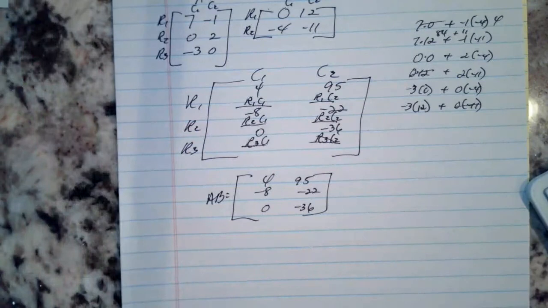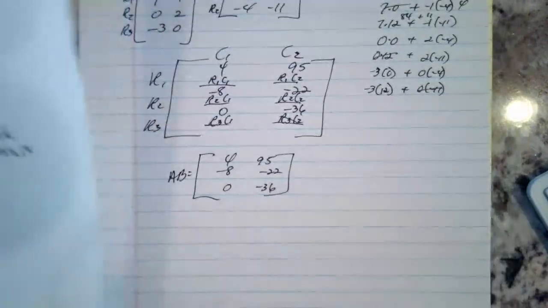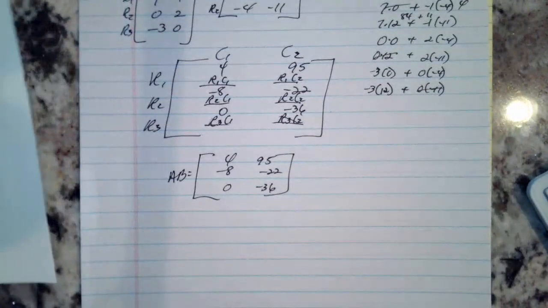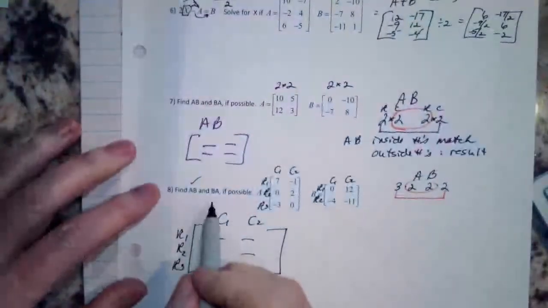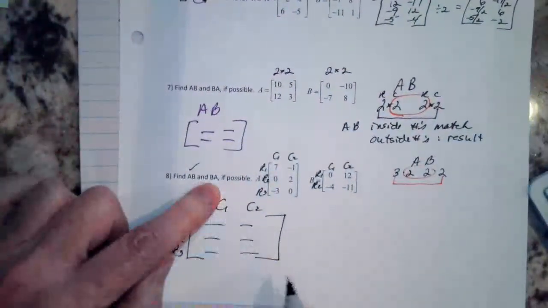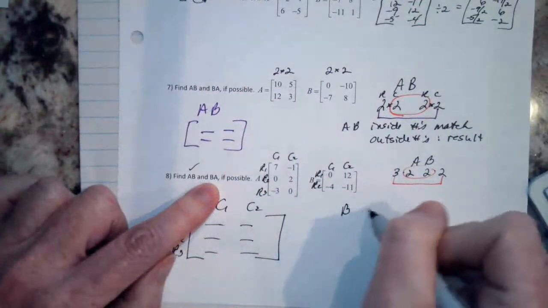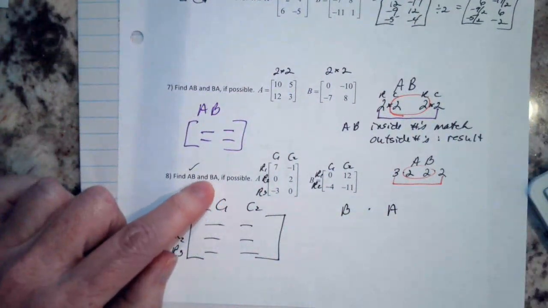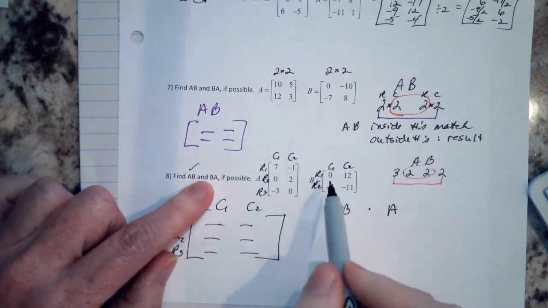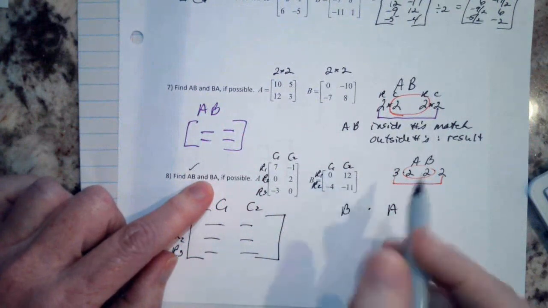Okay. The next thing they ask us to do is B times A, if possible. So let's look at that. Let's check B times A, if possible. So we're looking at B times A. We need to figure out how big B is. B is 2 by 2.